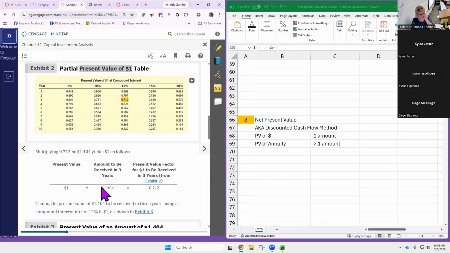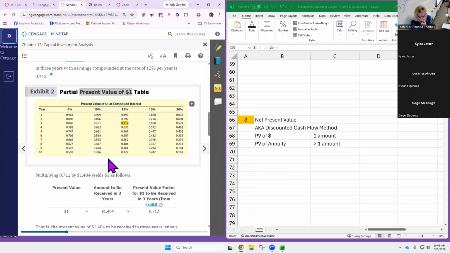So what we need to do is find the amount to be received in 3 years. We're going to use an amount, $1,404, and find the present value factor, which they've got highlighted here. This would be 12% in 3 years, so we would use this factor.